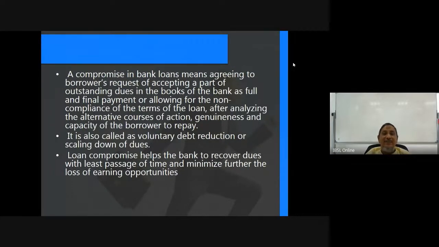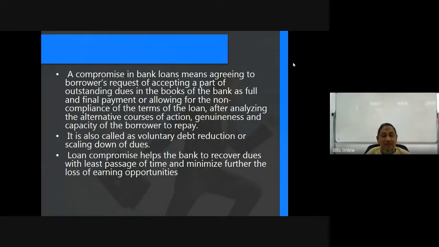A compromise in bank loans means agreeing to the borrower's request of accepting a part of the outstanding dues in the books of the bank as full and final payment, or allowing non-compliance of the terms of the loan, after analyzing the alternative course of action, genuineness, and capacity of the borrower to repay.